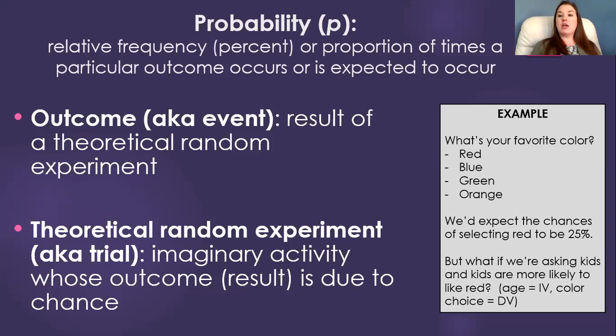So if we are rolling a die, or pulling out lotto balls, all of these things that we know actually happen at random, the outcome is what happens as a result of doing that. So do we flip a coin and get a heads? Do we roll a die and roll a number one?